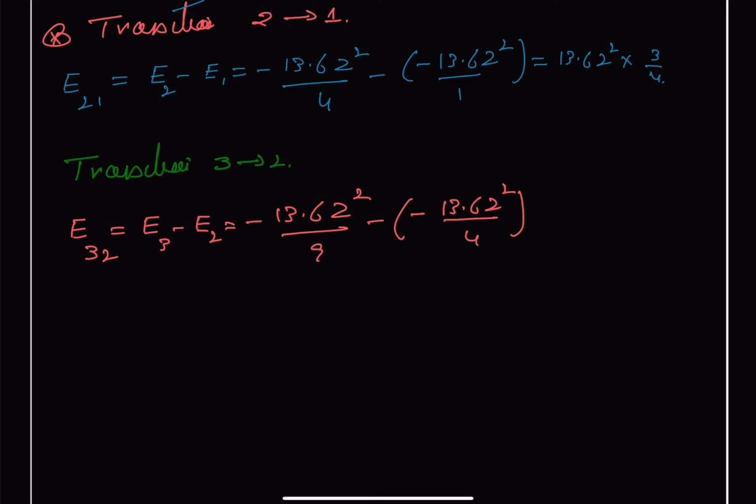We can take 13.6 as common once again, and this will be equal to 1 by 4 minus 1 upon 9. This comes as 5 upon 36.